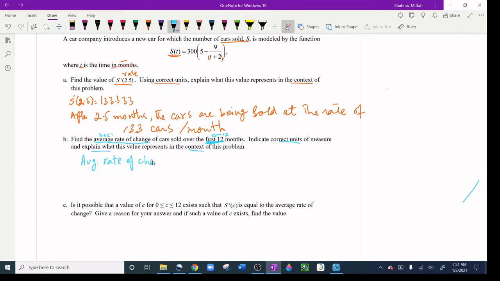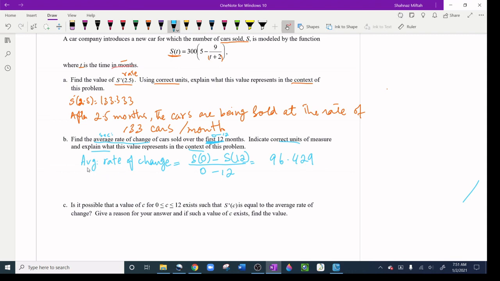Average rate of change equals, since this is S, I'm going to start with S of 0 minus S of 12, and you can do 12 here and 0 there, it doesn't matter as long as the denominator has the same order, like 0 minus 12. When I plug this in the calculator, I plugged in 0 in the original, plugged in 12 in the original, divided by negative 12, and I got 96.429.